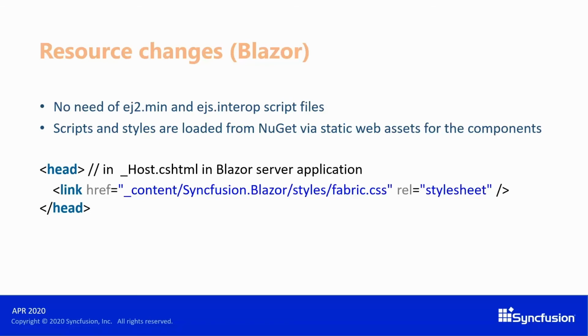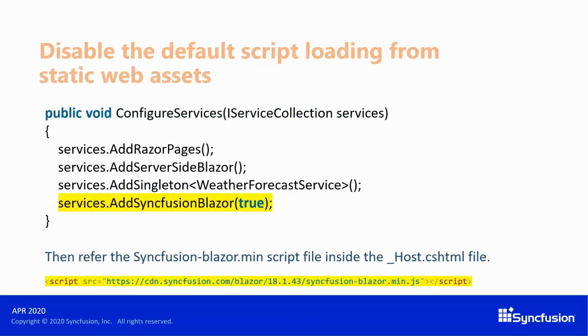And in case you want to load the script from CDN, or you want to refer to your own scripts in your application, then you can disable the default script loading from the static web assets by passing the true value parameter to this AddSyncfusionBlazor method inside the startup.cs file.